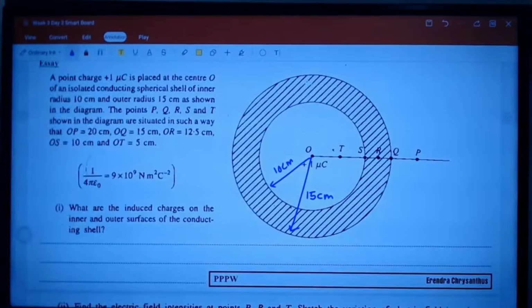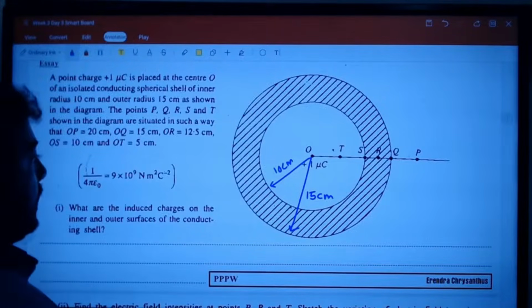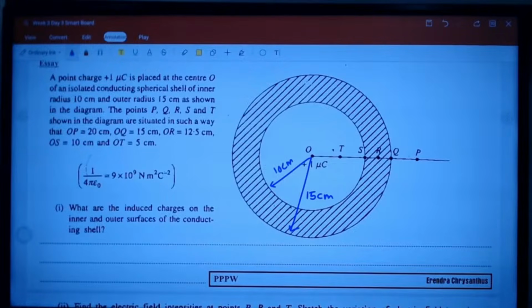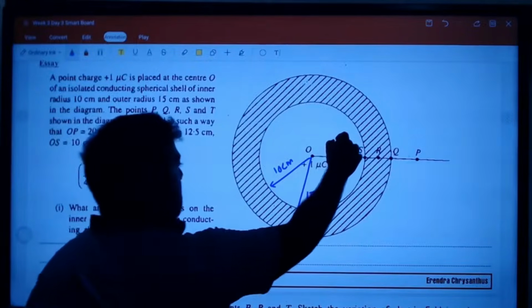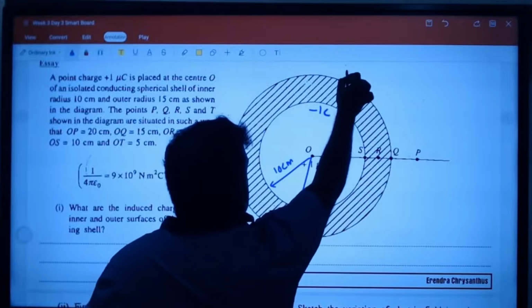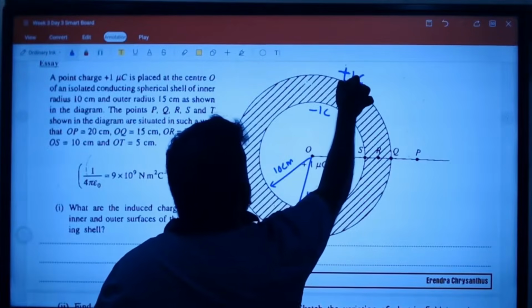Points P, Q, R, S and T shown in the diagram are situated at the distances given. What are the induced charges on the inner surface and outer surface? Here minus 1 coulomb, here plus 1 coulomb.